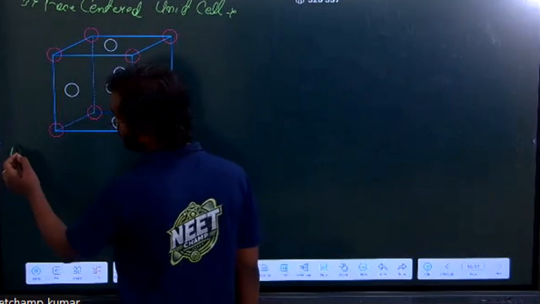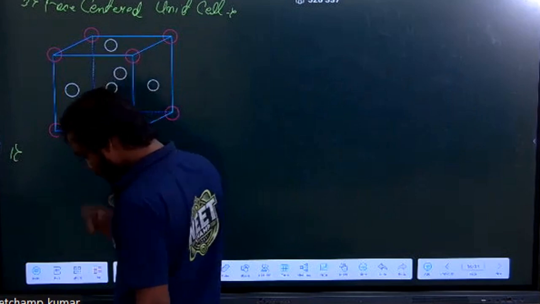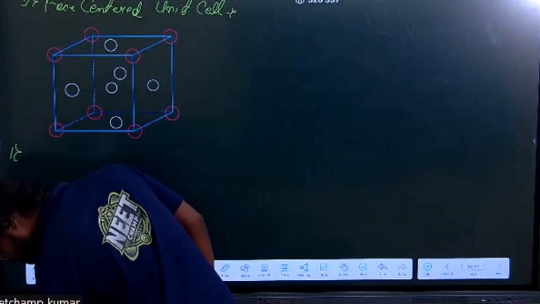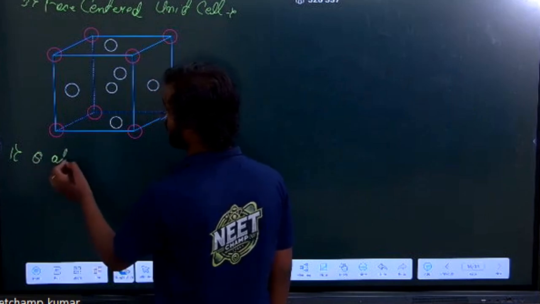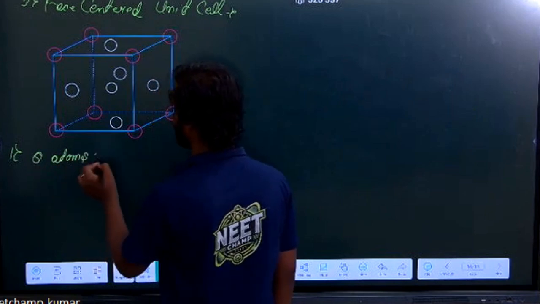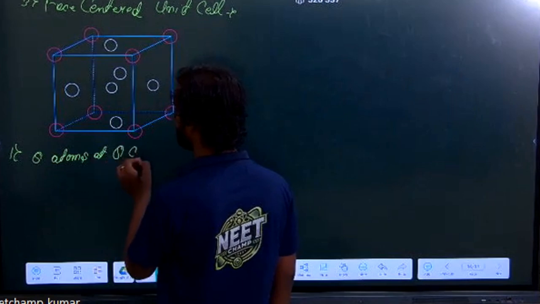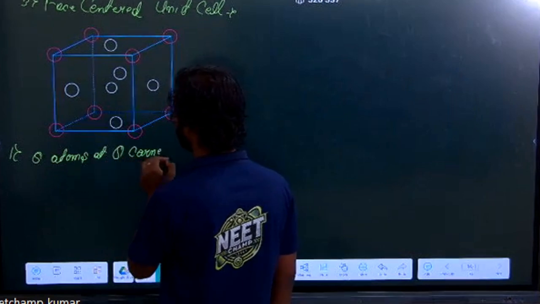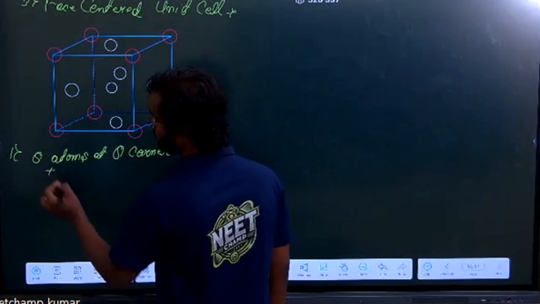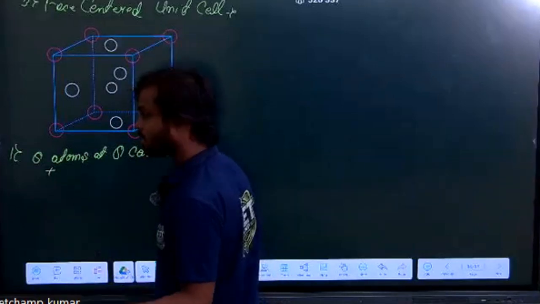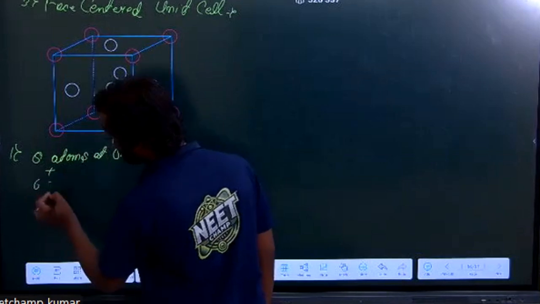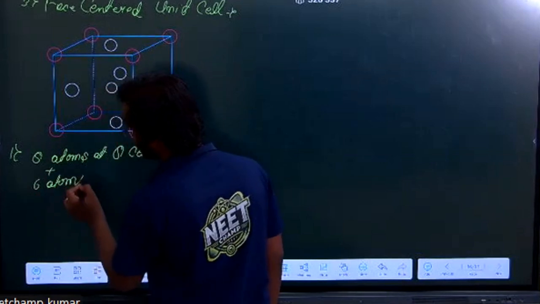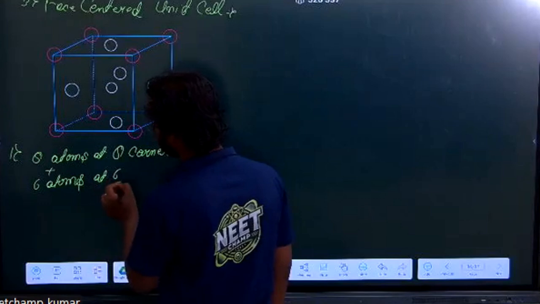First important point: we have 8 atoms at 8 corners, right? Plus we have one atom at every face, so 6 atoms at 6 faces. This is another important point.